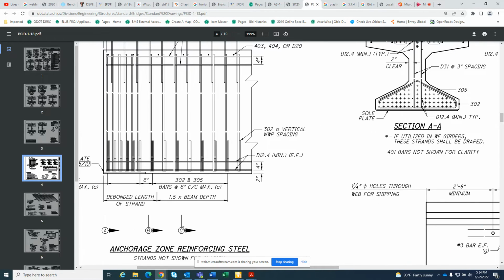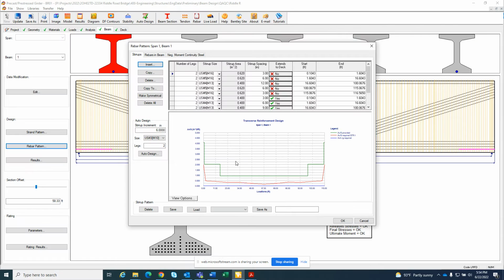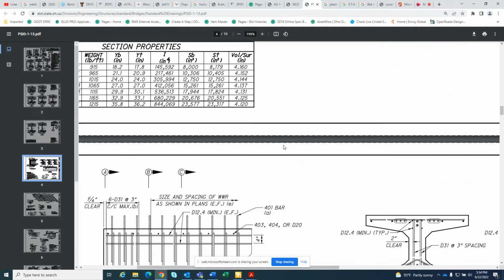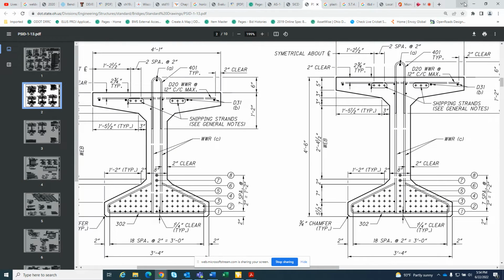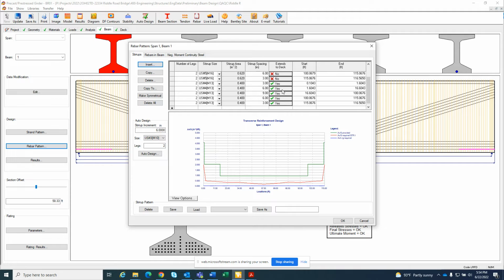Okay, cool. Now you are putting these number 5, number 5, 4, number 5, number 5. So this is D31, D31, D20, D31, D31, and then you are putting these number 4 rebars which are going into the deck. This is the 401 rebar, right? This is the rebar we are putting. Since it goes into the deck, it acts as composite.